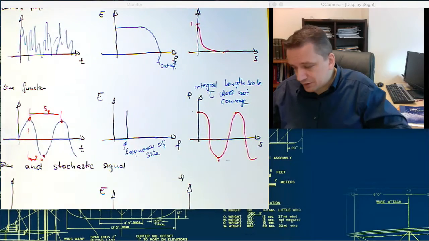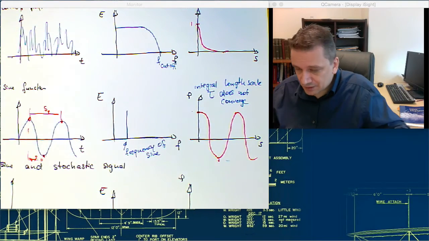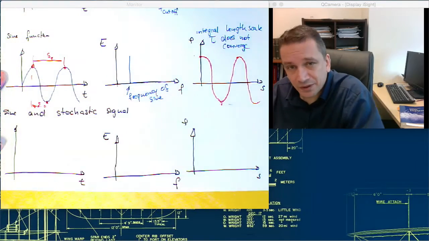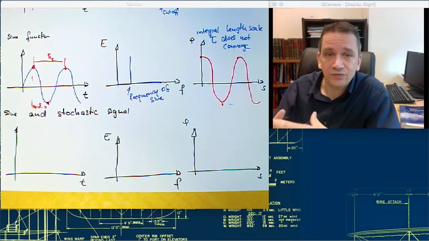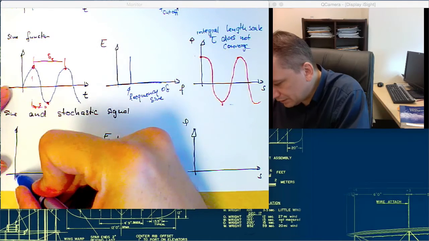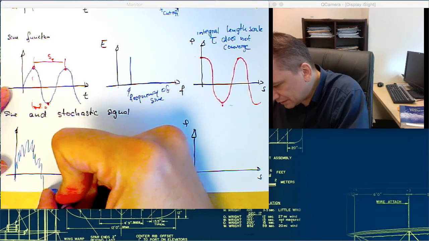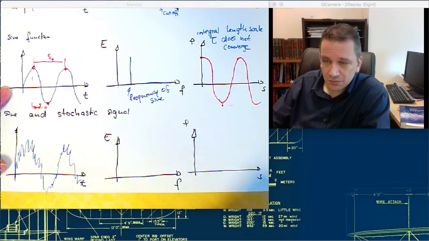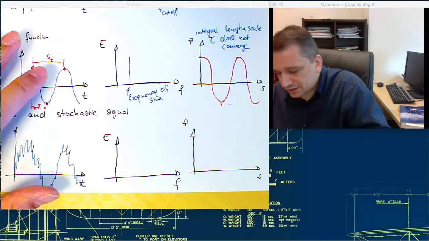Quite frequently you have signals that look like this, where you have a dominant frequency, like a sine function, but there's some overlay of stochastic turbulence. Then the signal would maybe look like this. You have a dominant frequency, but there's also some stochastic part in it.